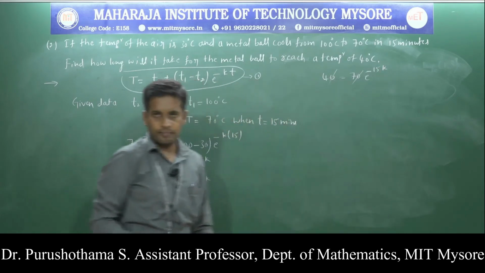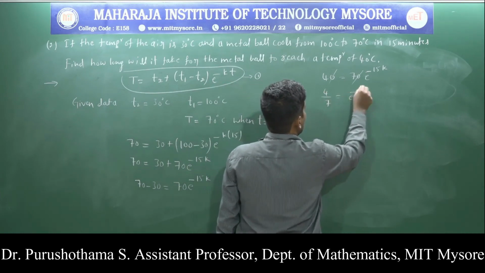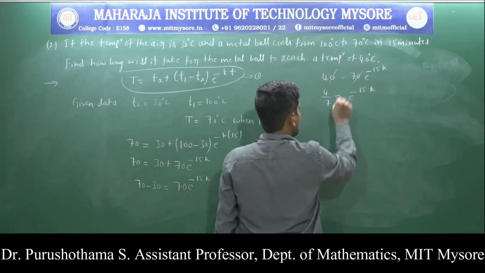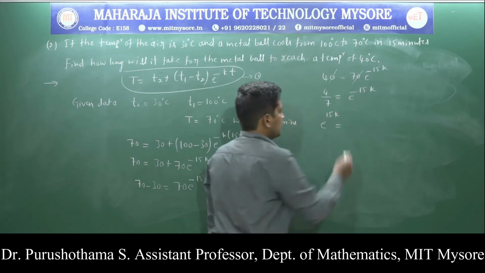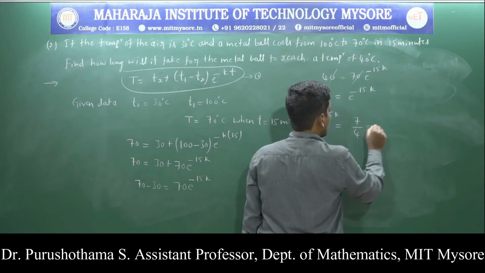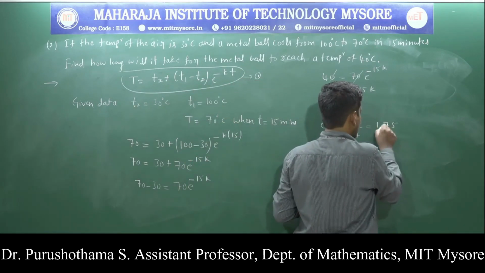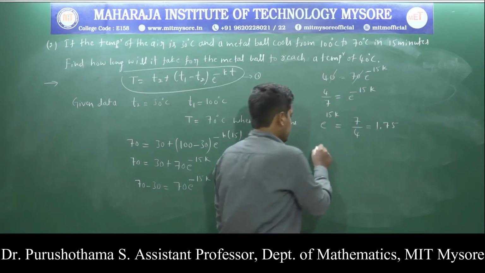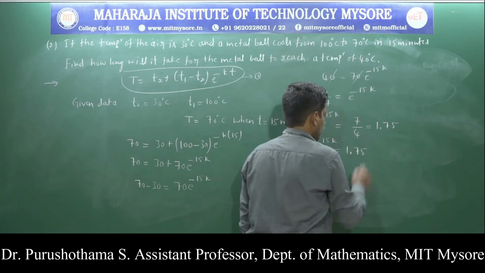The zeros get cancelled, so 4 by 7 is equal to e power minus 15k, which is the same as e power 15k equals 7 by 4, which is 1.75.